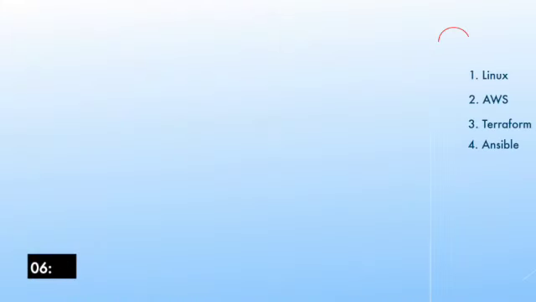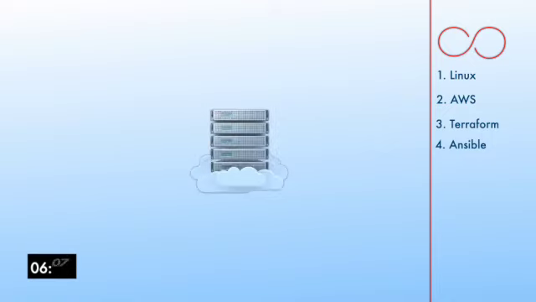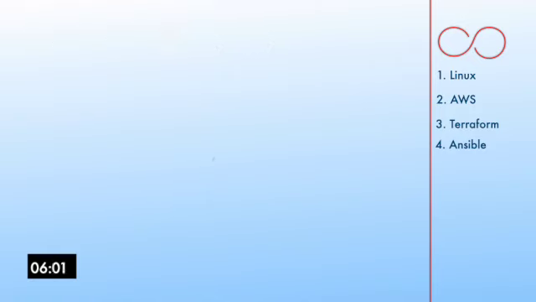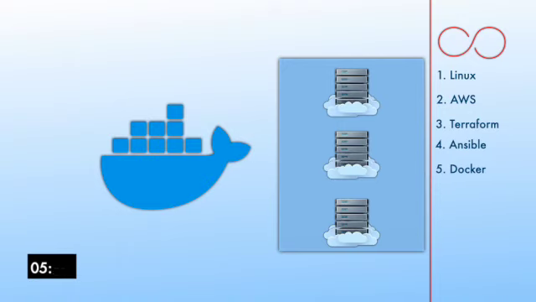Okay, now that we have provisioned and configured our environment, we need to start releasing and deploying our application to these virtual machines, right? But in what form are we packaging and deploying these applications to the end environment? It is interesting to know that the modern way of packaging and running applications is what we term containerization these days, with Docker leading in this category.